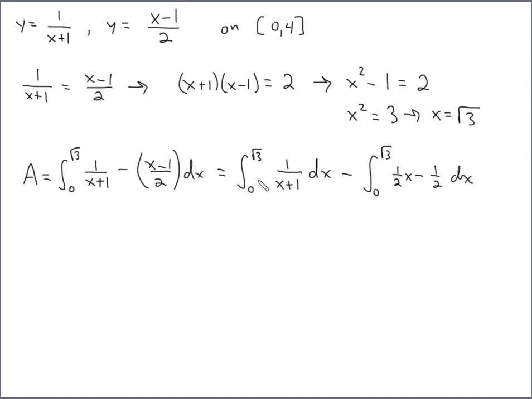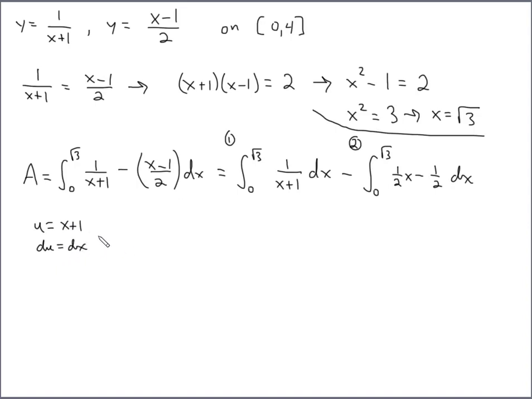Okay, so the first one, we're going to do a little substitution. In fact, let's just notate these. That's the first integral, and this is the second one. For the first one we say u is equal to x plus 1. So du is dx.